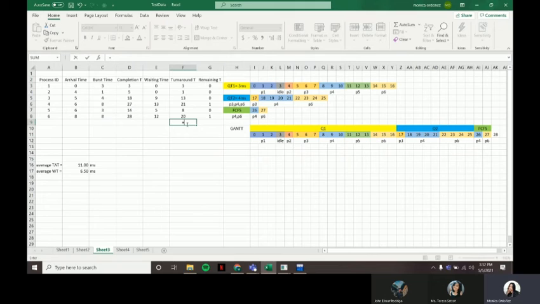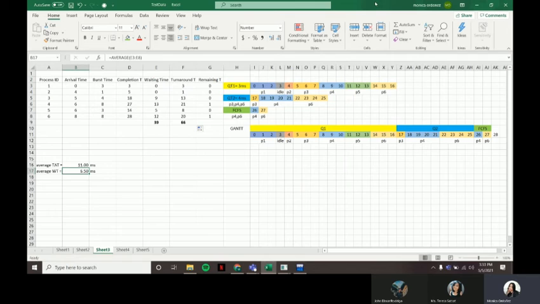And we will get the summation total of turnaround time. And here you will see the average turnaround time and average waiting time.